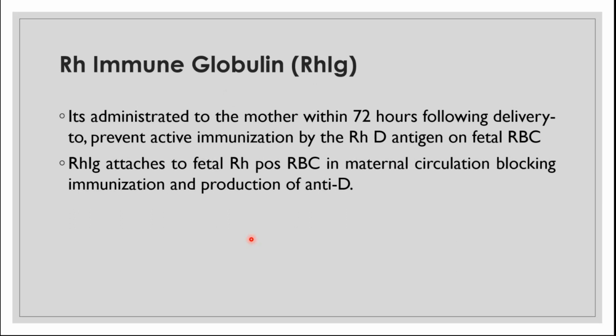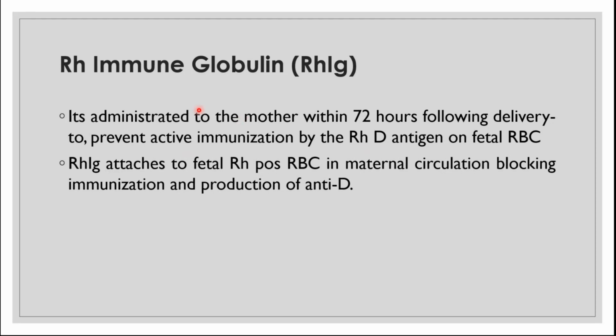Rhesus immune globulin is administered to the mother within 72 hours following delivery to prevent active immunization to the rhesus D antigen on fetal RBC. It means that before the delivery, the hospital has identified the patient as having the possibility to develop anti-D, that is, she is rhesus negative.